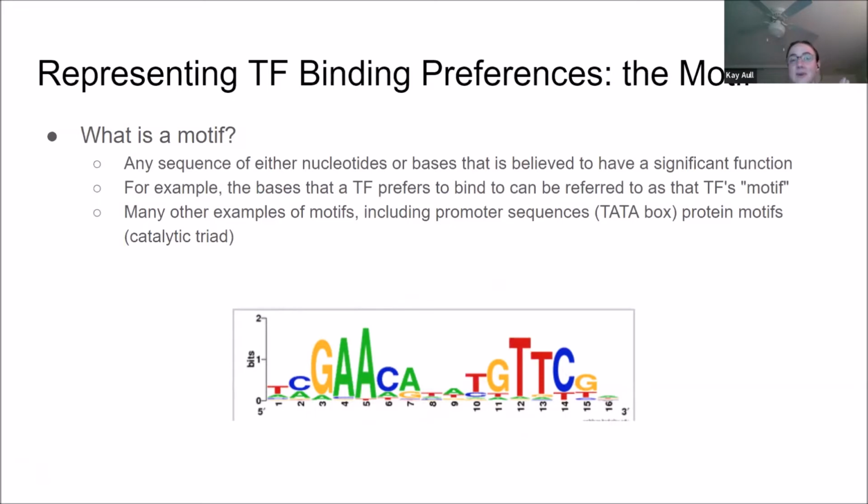That's what I'm talking about, where it has a preference, but it is not just, here's the sequence, Control F. So you have to represent it as this motif, this family, this probability cloud.